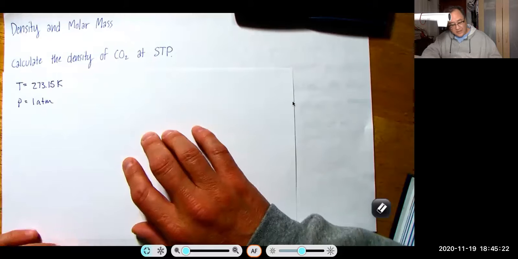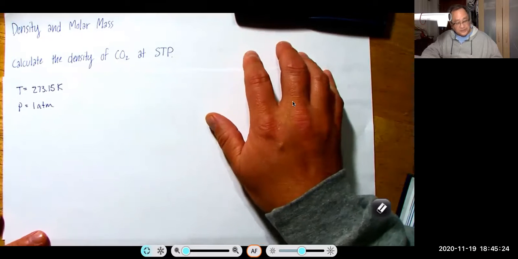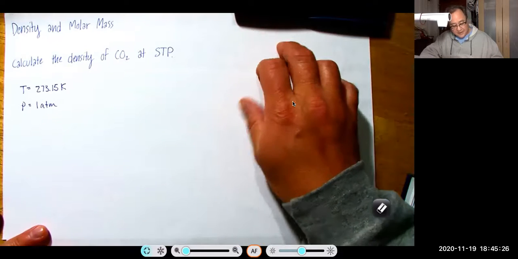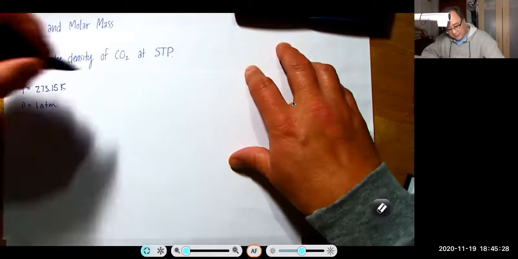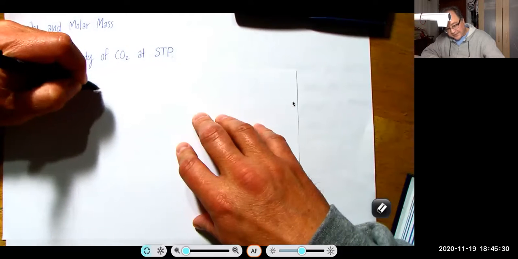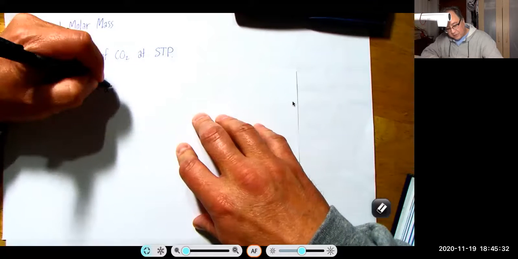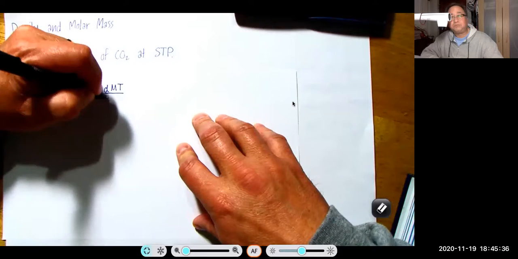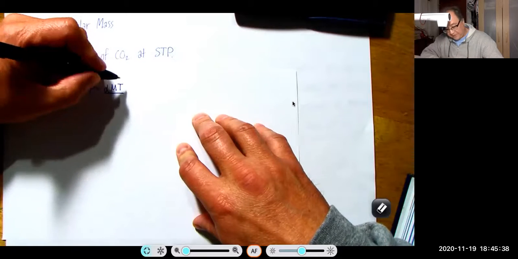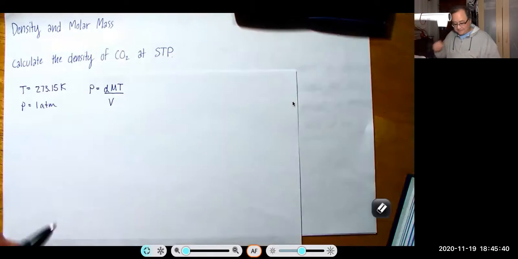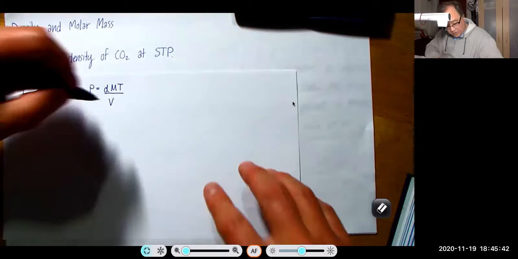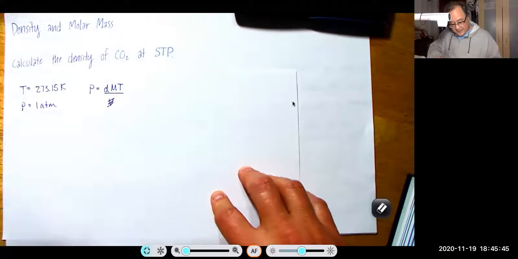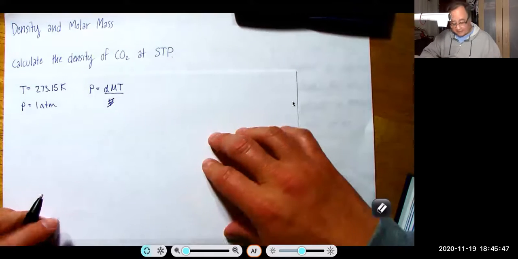Okay. And if you recall that equation, let's see, what was that? We had that the pressure is equal to the density times the molar mass times the temperature over V, if I remember right. Oh, no, that's wrong. Oh, geez, I'm just going to have to derive it.